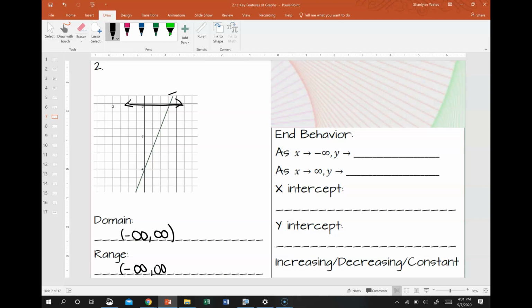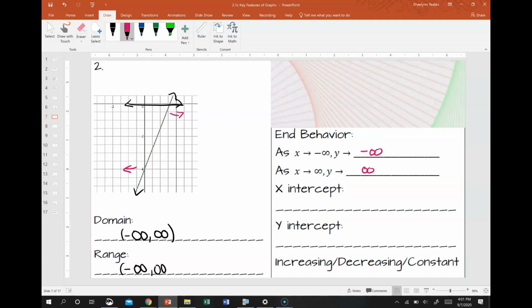That's a little easier to see because it's going up and down in both directions. Okay, so as x goes to -infinity, in other words, as we go further and further left, are we going up or down? It's going down, so we'd say -infinity. Okay, and as we go further and further right, which way are we going? Up or down? We're going up, so it's +infinity.